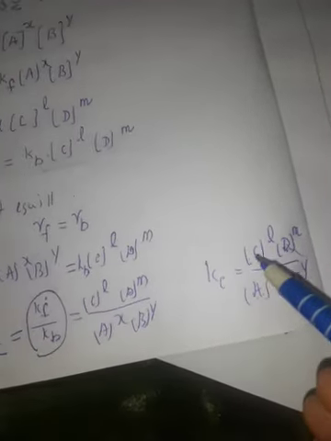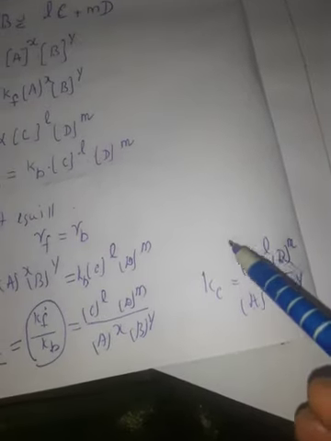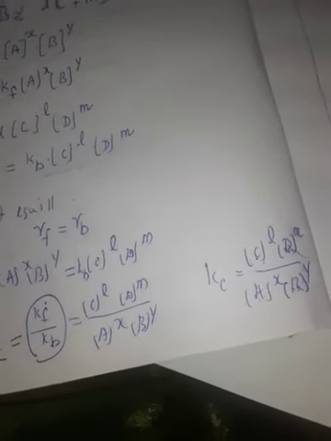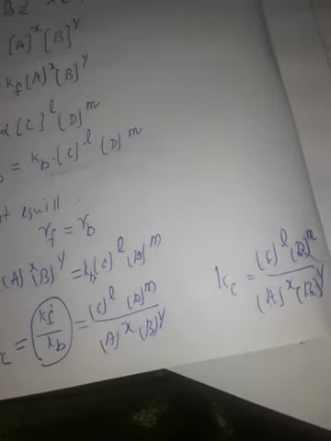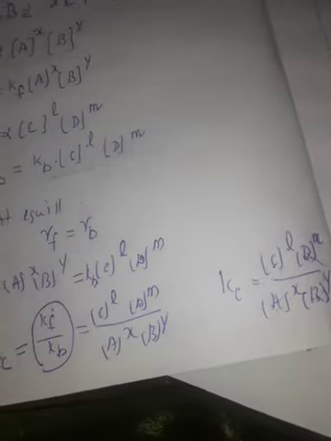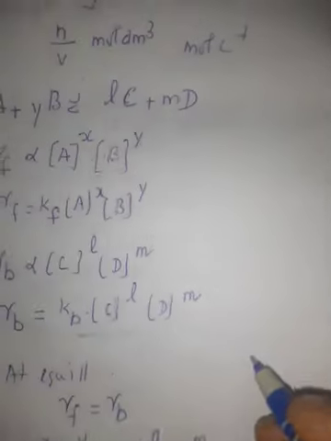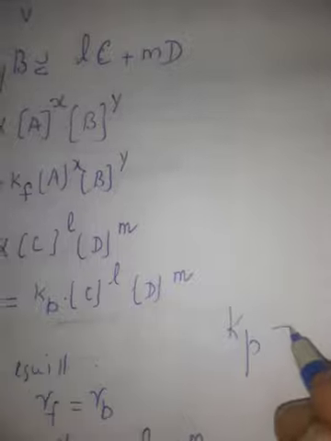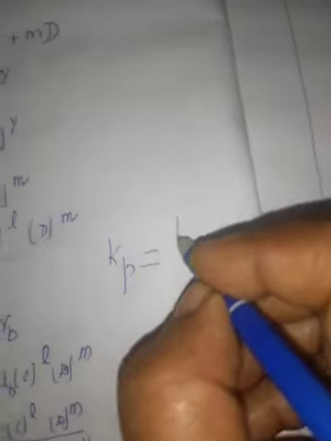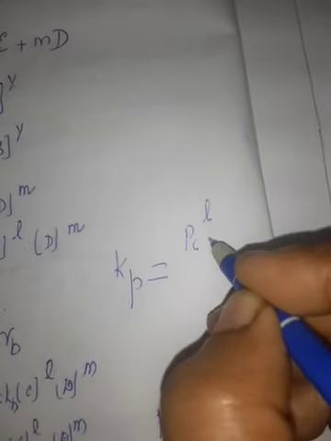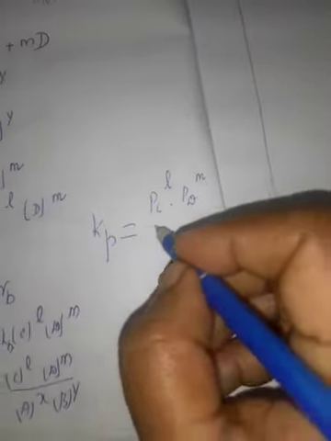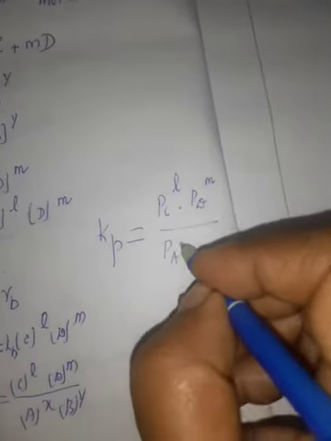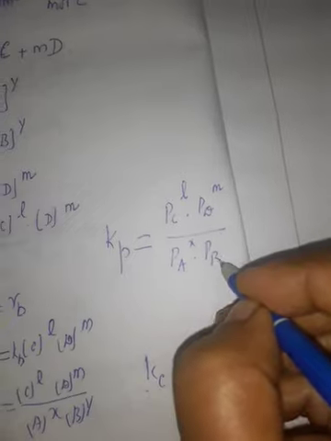You can follow. Suppose the reactants and products are all in gaseous condition, all are gases, reactants as well as products. In that case, instead of Kc, you have to write Kp. Kp means partial pressure. Then you have to apply pressure here: P of C power l into P of D power m by P of A power x into P of B power y.